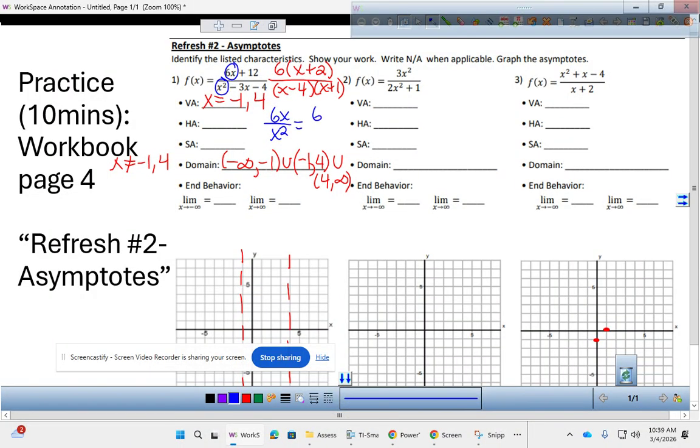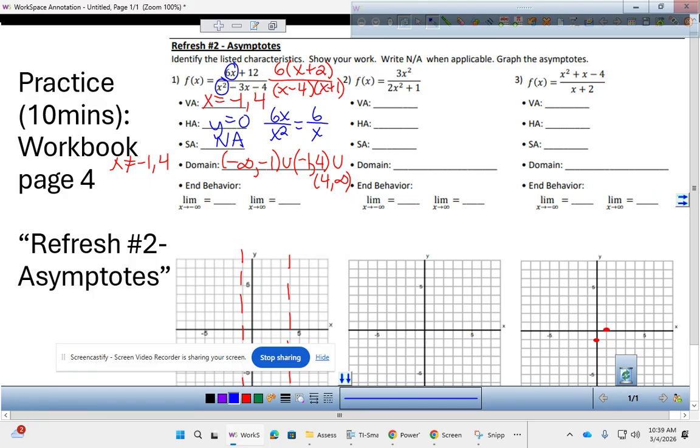The only x cancels out in the top and one cancels out in the bottom. When you are left with a number divided by x, so like when the top has an x and the bottom has an x squared, that's a horizontal asymptote of 0. So my horizontal asymptote here is 0. And if you have a horizontal asymptote, you don't have a slant. You either have one or the other.